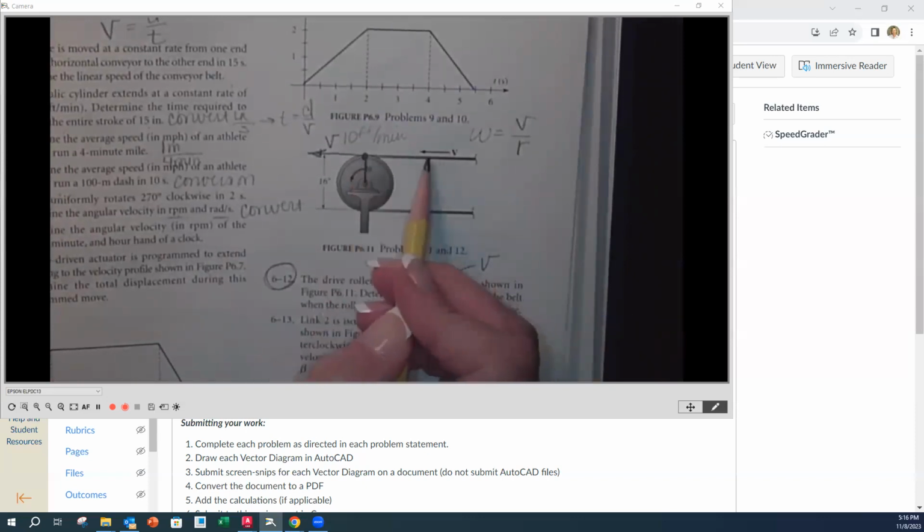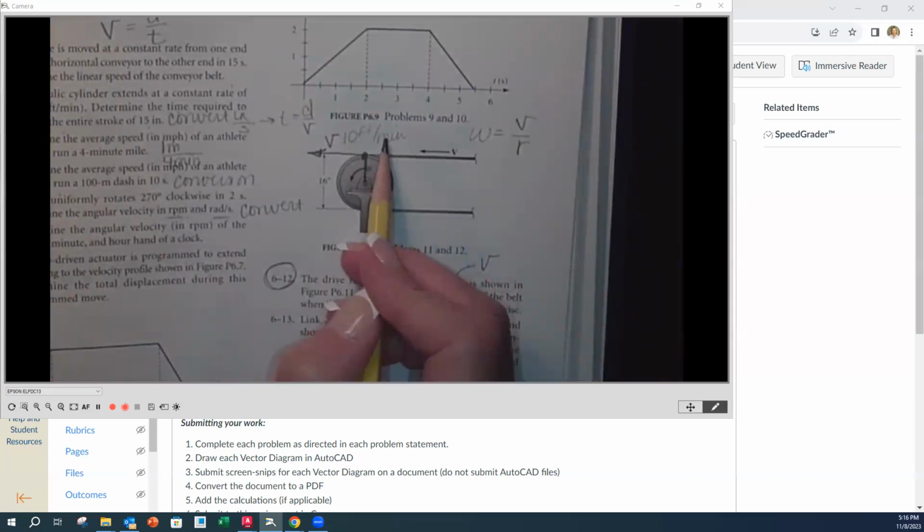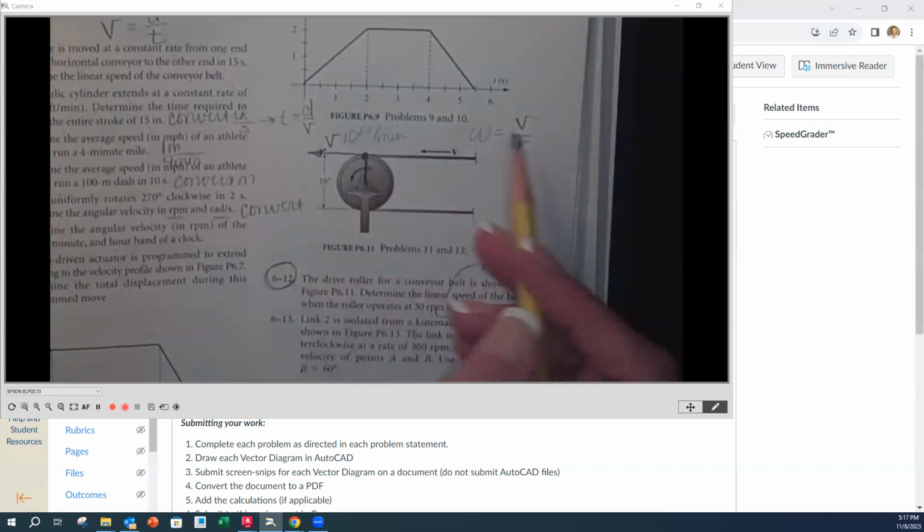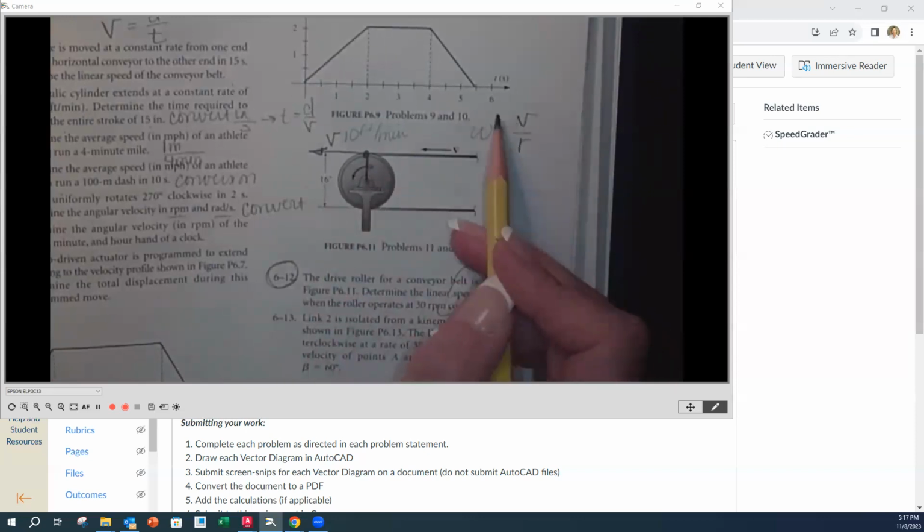We have a velocity, it's going at 10 feet per minute, and that's a belt that is being driven by this drive roller, okay? Now this roller is rotating around, and they want to know what is the W here when we have the V, straight line velocity, going at 10 feet per minute, and we have a radius of half of our diameter.